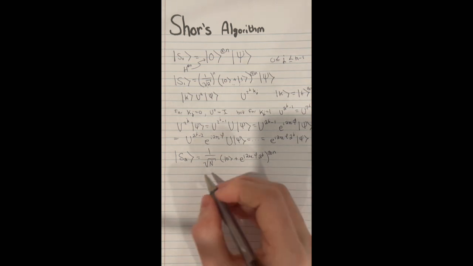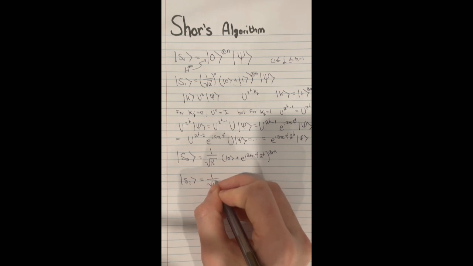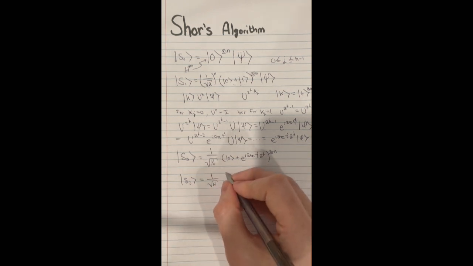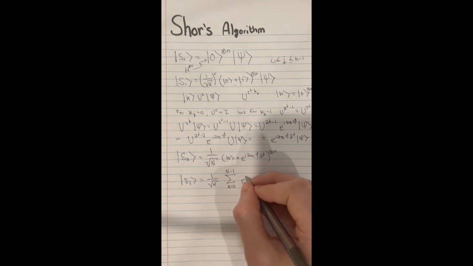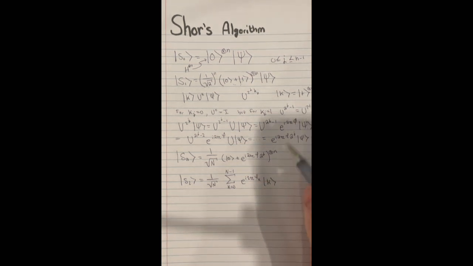And we can express this more completely as a summation over k on our k states. Again, these are our plus states, tensor product with psi.